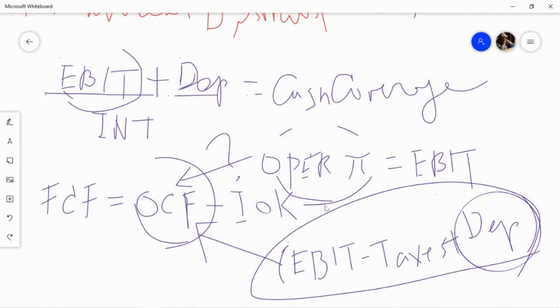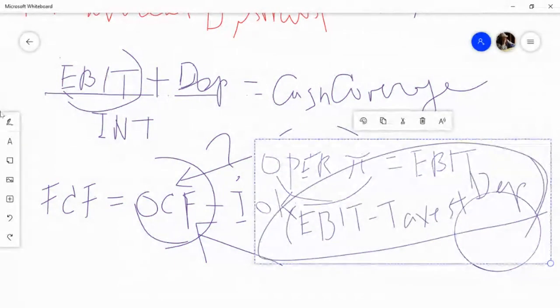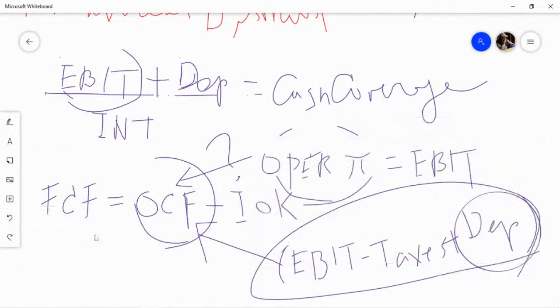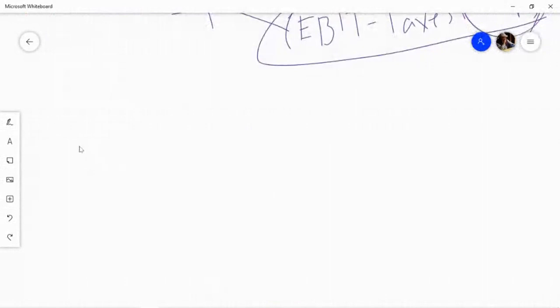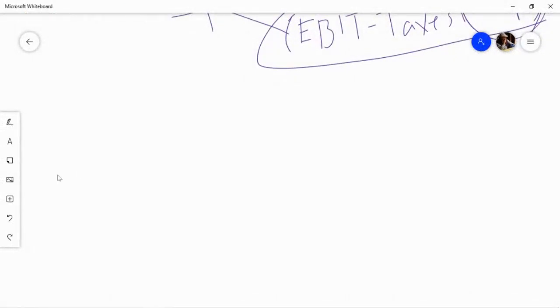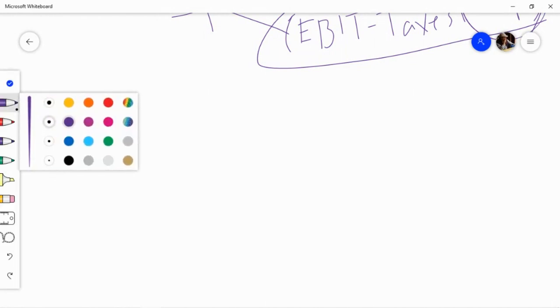And finally, the last category is the market valuation ratio.